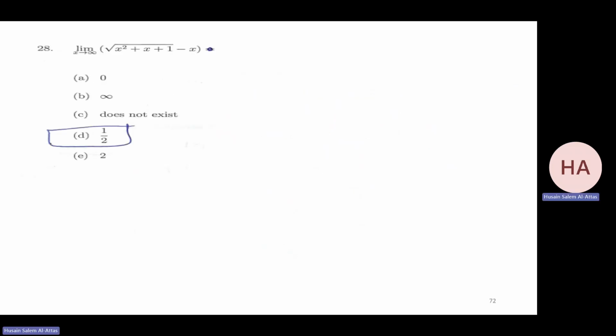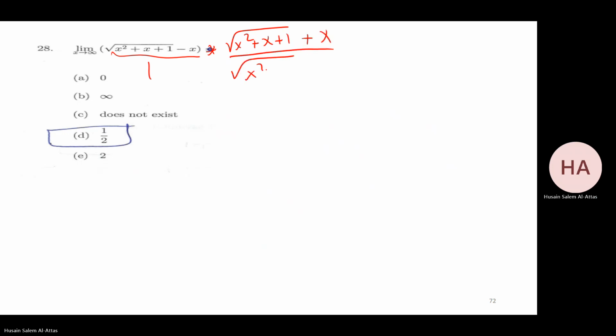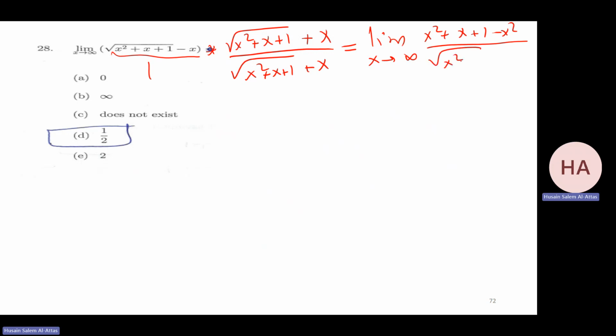I forgot this one. Let me do it here. If we substitute, you have infinity minus infinity. So rationalize it. That will give you what? The limit as x goes to infinity, x squared plus x plus 1 minus x squared, over this. So this is cancelled.